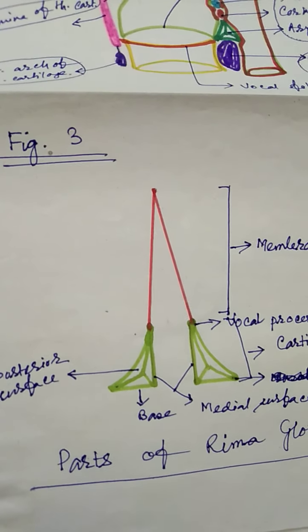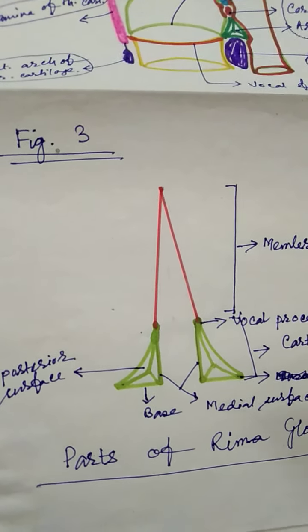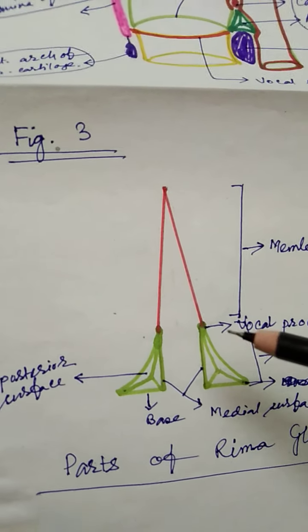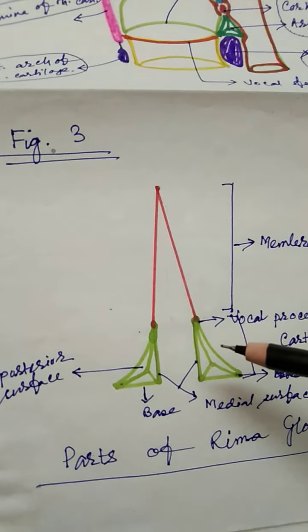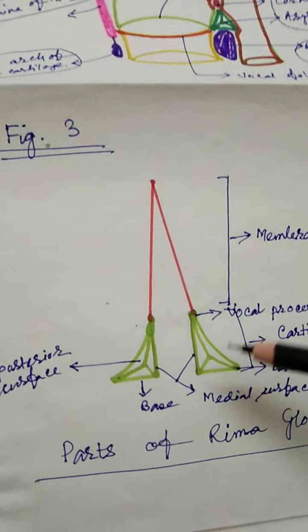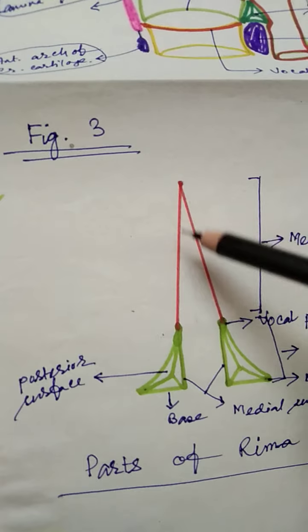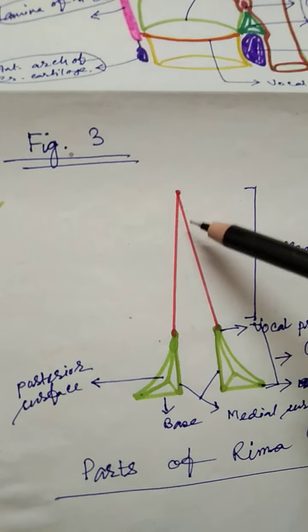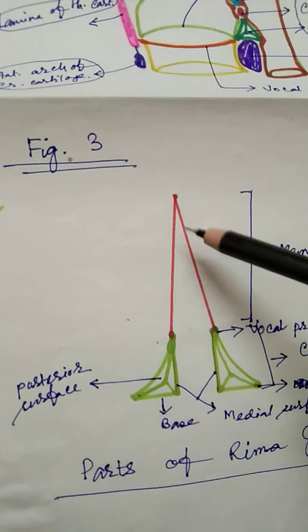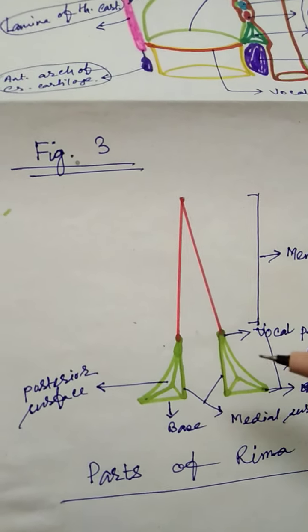Okay, so the first movement is adduction, the second movement is abduction, and the third movement is the tension of the vocal folds, so that the vocal folds are tense. It is stretched, and it is required for the high pitch sound.